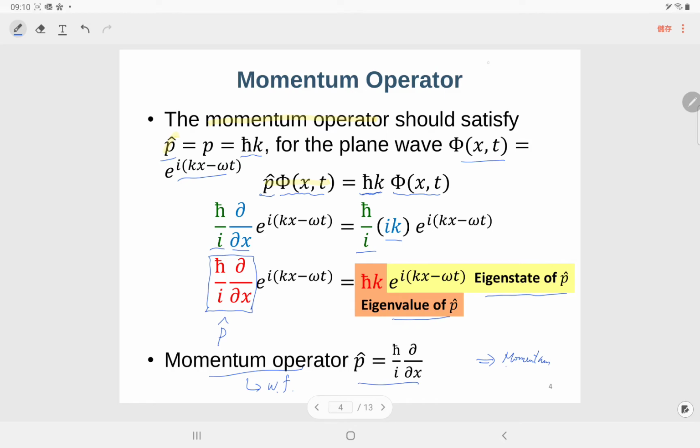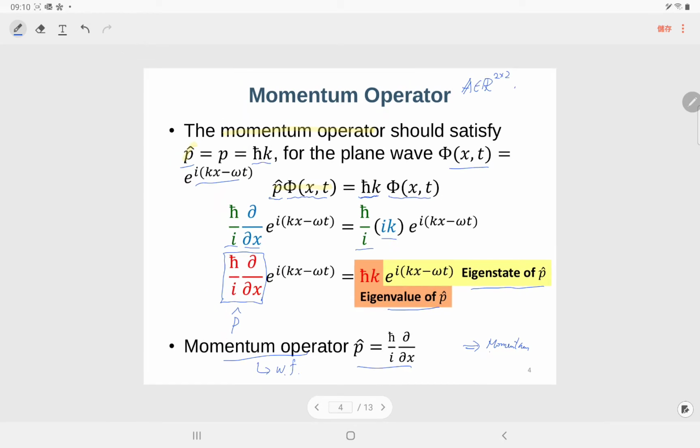So maybe you have a matrix A, maybe a 3 times 3 matrix, or maybe 2 times 2 is easier to write.